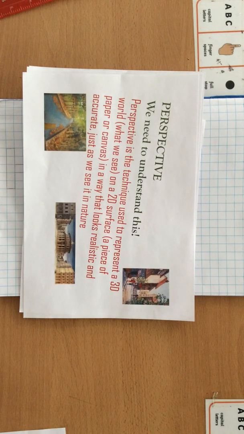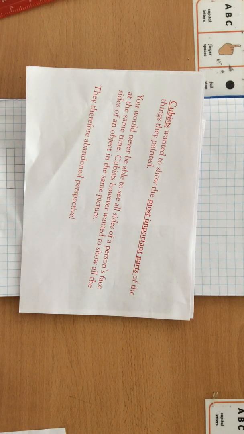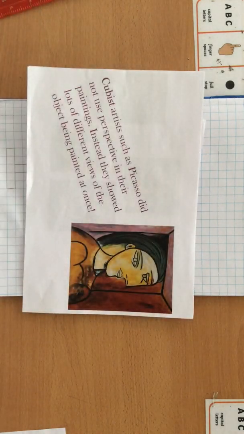However, Picasso, along with other Cubist artists, was more concerned with making sure they got all the most important parts of things in their paintings. So they decided that they didn't just want to show one side of a person's face or one view of someone's guitar. So they actually abandoned perspective and showed lots of different views at once.